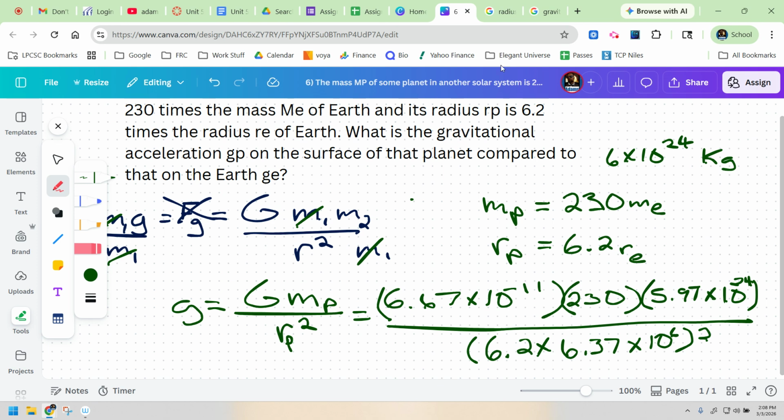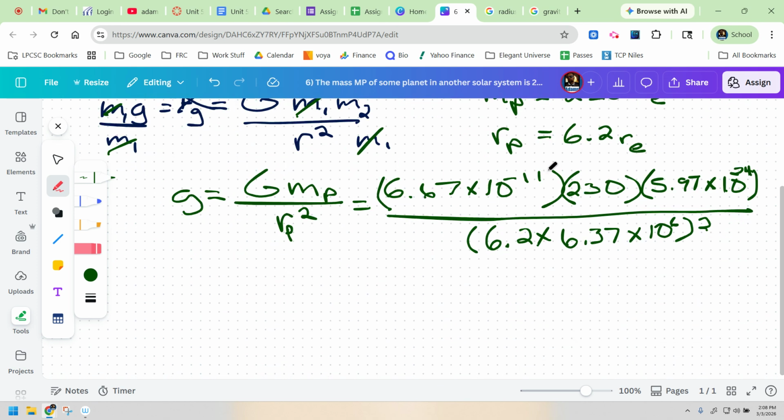So now, according to this, because it's such a larger planet, the acceleration of this planet, GP, is equal to 58.72 meters per second squared. And so when you compare that, remember that we're trying to compare the proportion part.